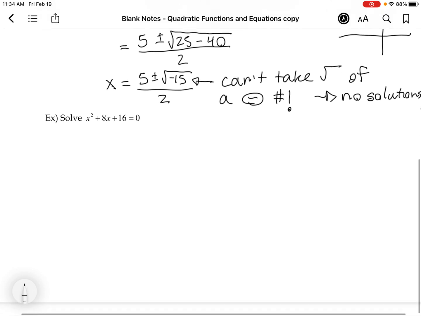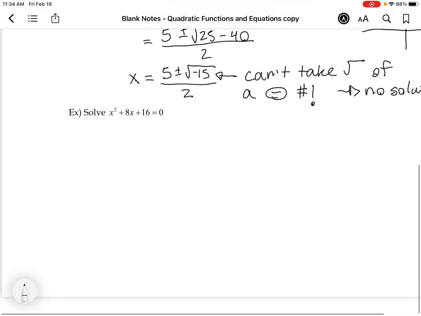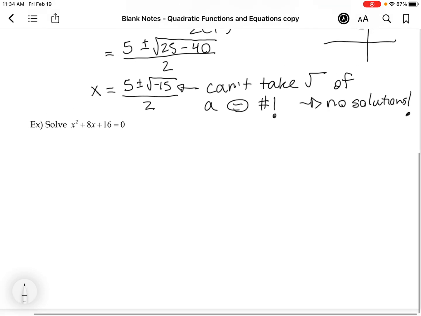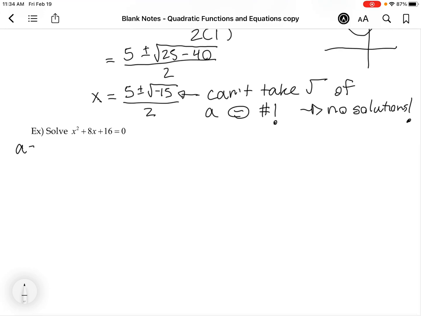Here we go. x squared plus 8x plus 16 equals 0. So again, our values of a, b, and c, we'll write those down first. So a is 1, b is 8, c is 16.